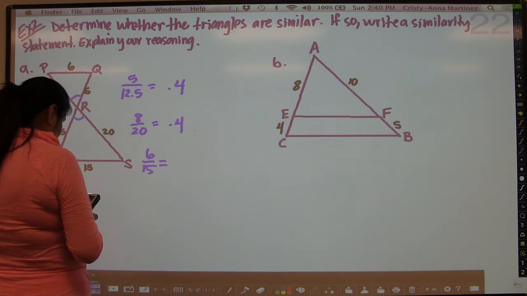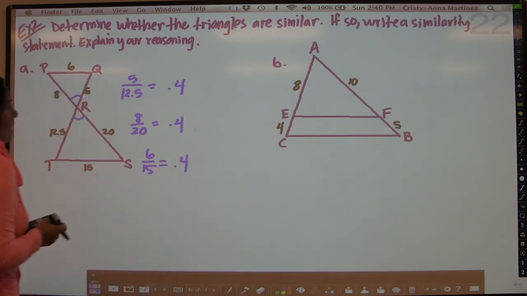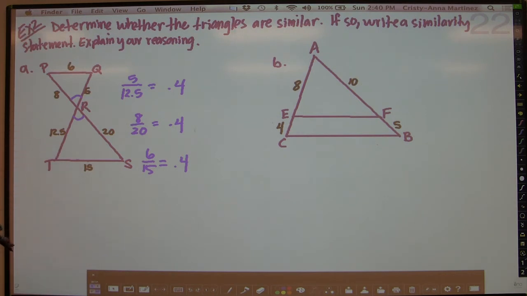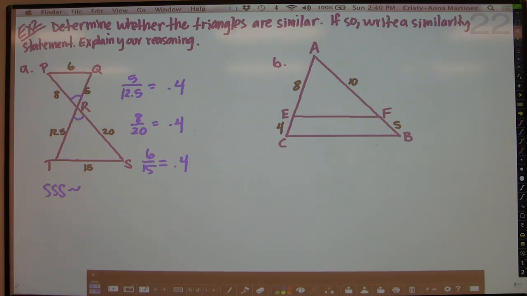And 6 to 15 is also 0.4. So all of the ratios of the corresponding sides are the same, 0.4. Therefore, based on side-side-side similarity, the two triangles are similar.